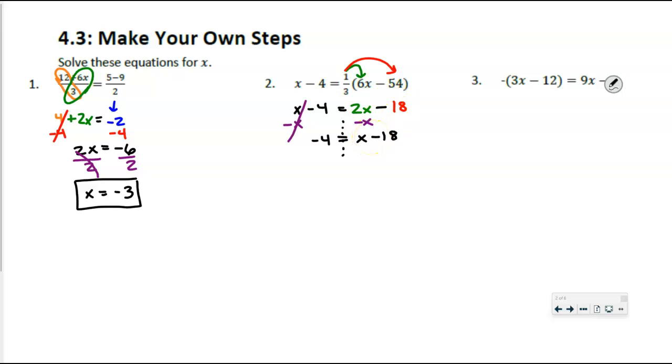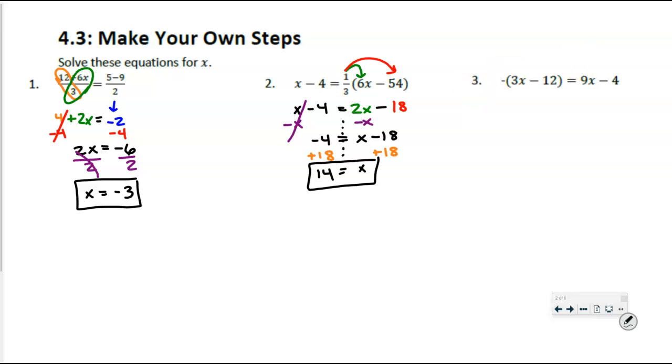And we're one step away now. I undo subtracting 18 by adding 18. Balance it and do the same thing to the other side. And I have x, which is equal to negative 4 plus 18, which is 14. And now on to number 3.